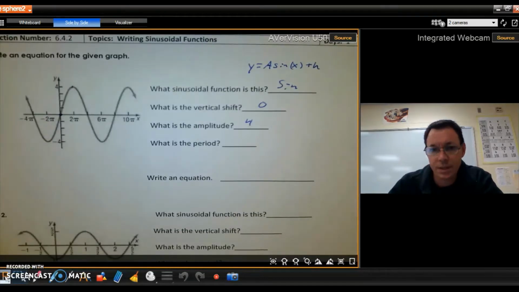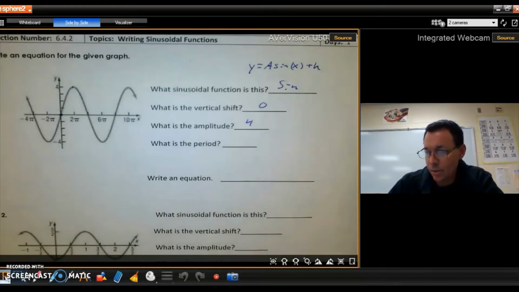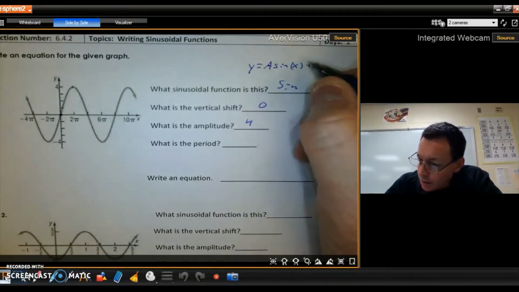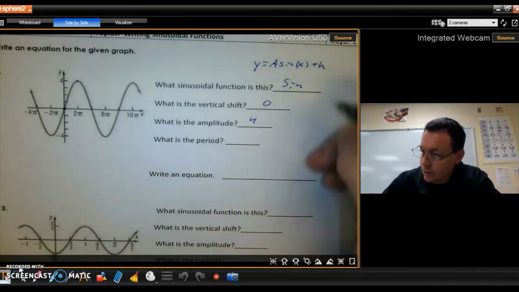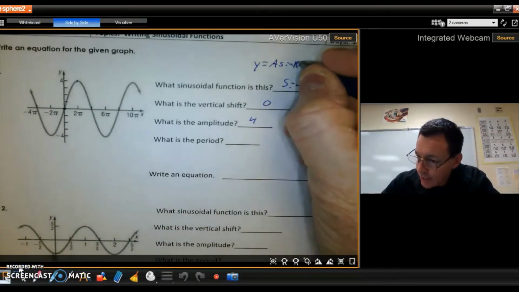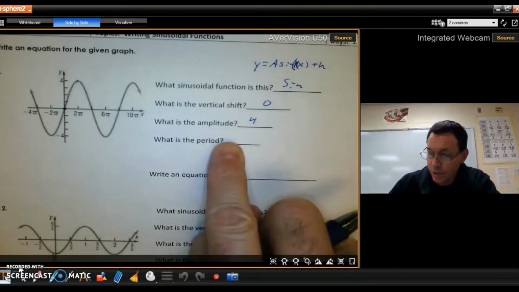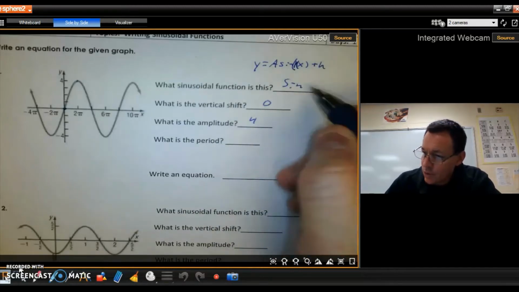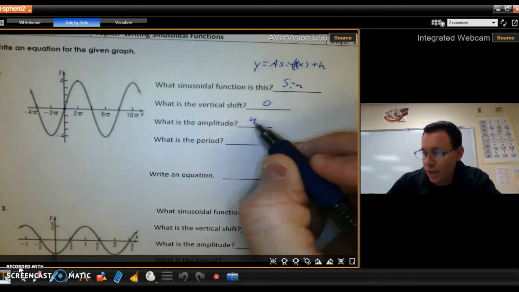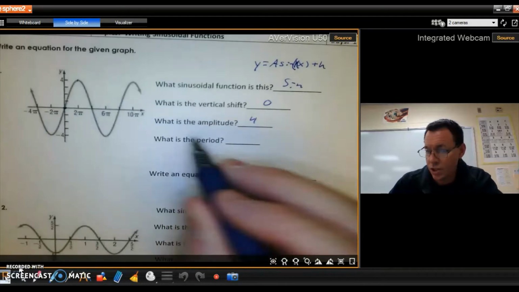We're trying to figure out this information and how it goes into here. Don't forget the period, which is the next thing they're going to ask us. We're just trying to figure out the blanks to fill in, what numbers to throw in, that will create this shape.